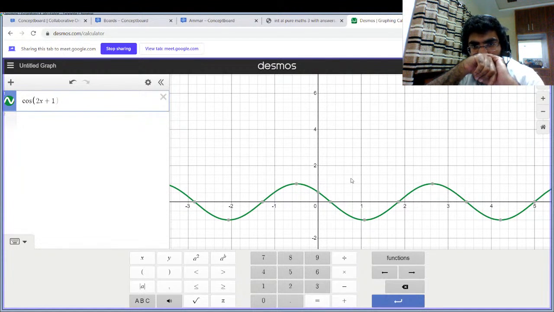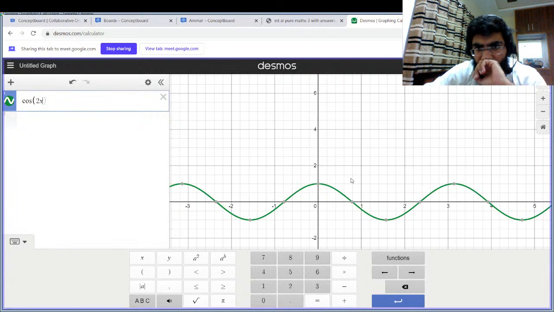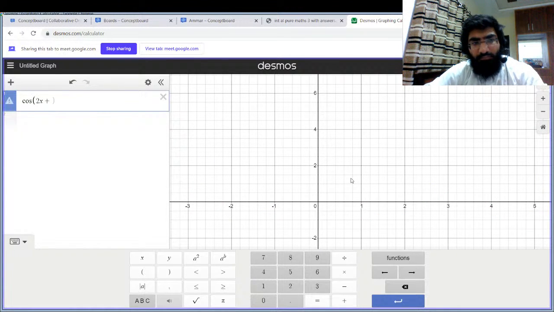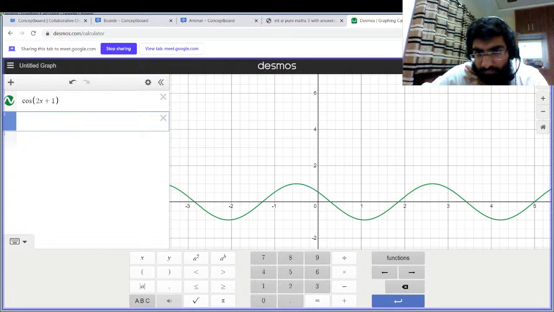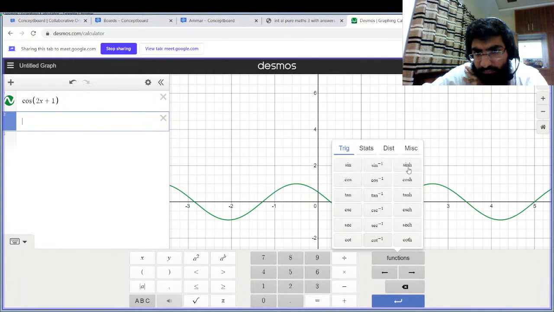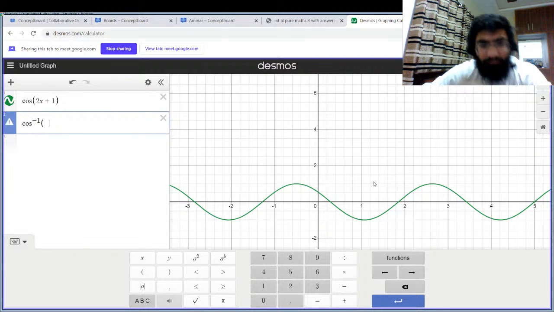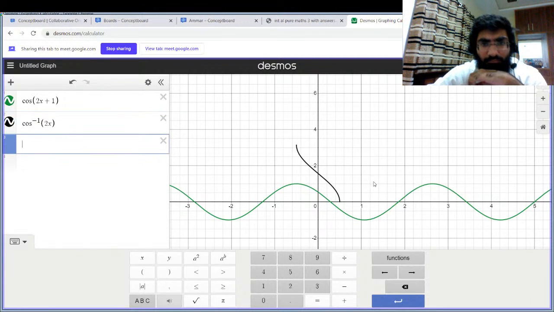Okay, now can you put in another one, cos inverse 2x plus 1? Actually, just do cos 2x and cos inverse 2x so that it's easier for me to see.